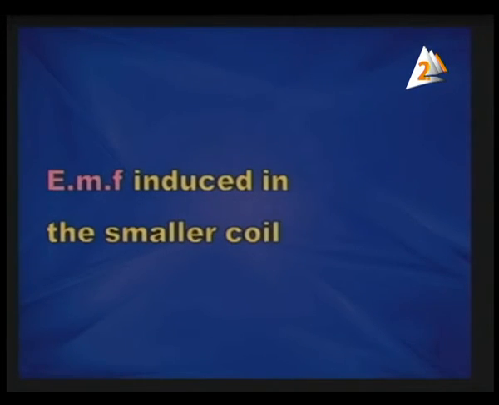EMF induced in the smaller coil is given from Faraday's law: negative N, the negative sign indicating Lenz's rule, N number of turns on the smaller coil, delta phi over delta t, the rate of change of the magnetic flux coming from the larger coil.